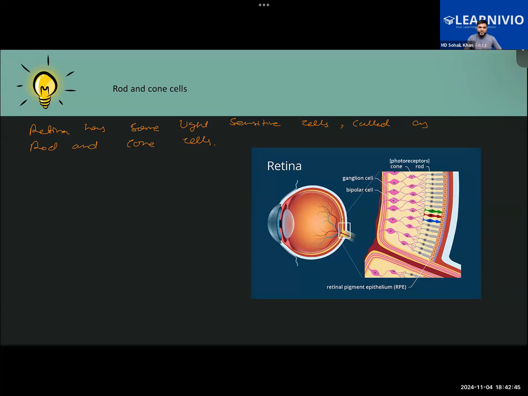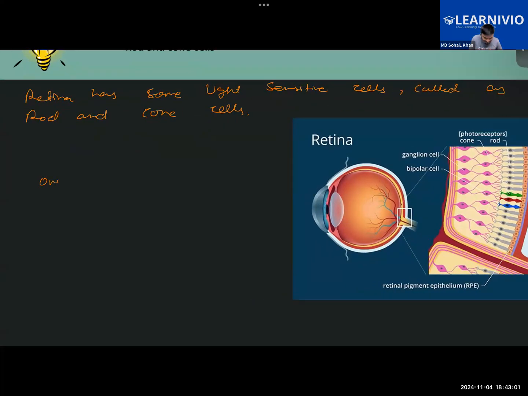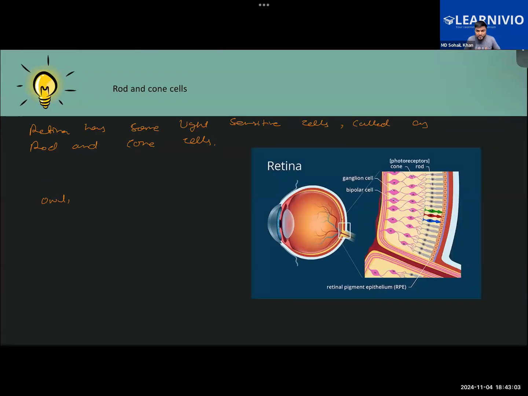Okay. So moments ago, I was telling you that there are some special animals in which a greater amount of rod cells will be found, and a lesser amount of cone cells. Particularly the animals that are more active during the night. Like certain kinds of insects also, and certain kinds of fishes also.